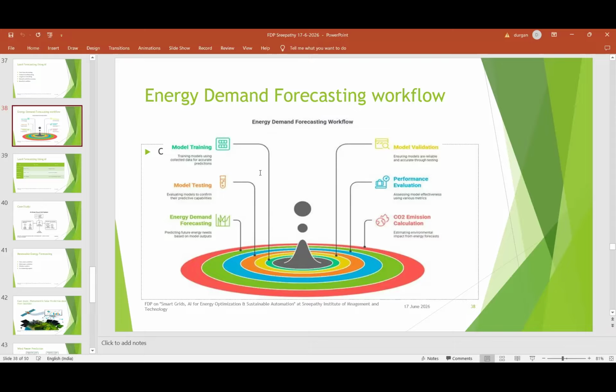These performance parameters can be evaluated by this LSTM algorithm, and that can be compared with any other existing systems. Okay, so this is one of the research areas for identifying energy demand forecasting.